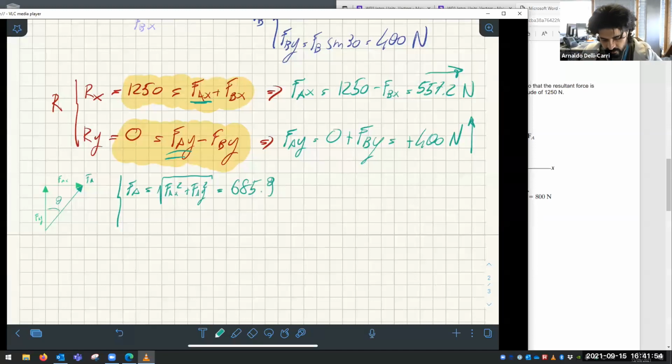And how do I find this angle theta? Come on, what's opposite, what's adjacent? So this is arctangent of what?